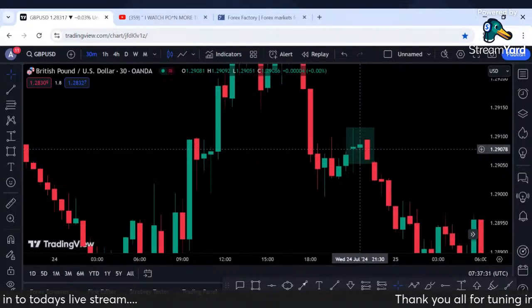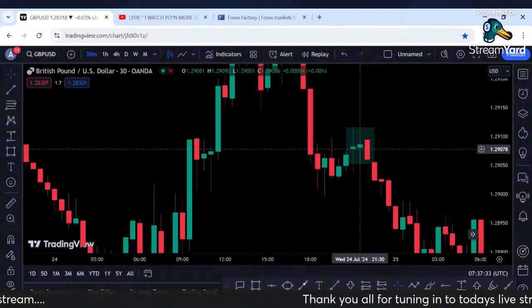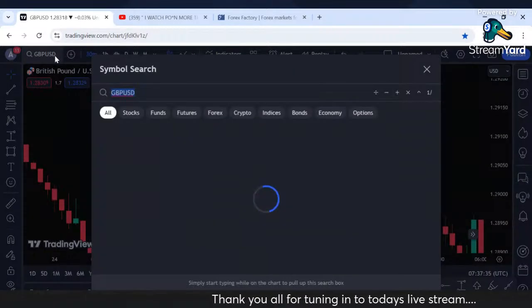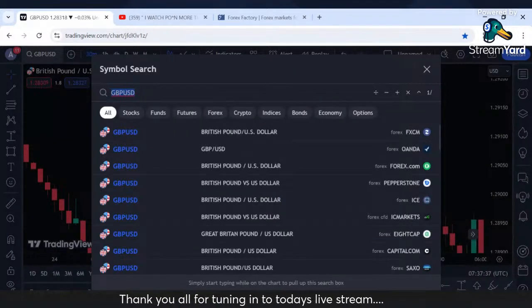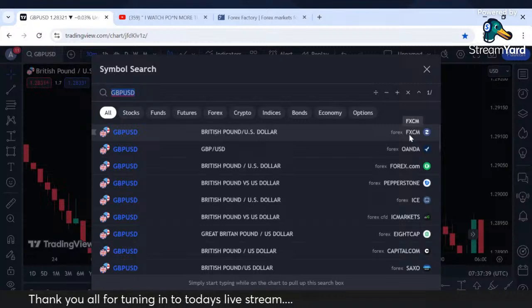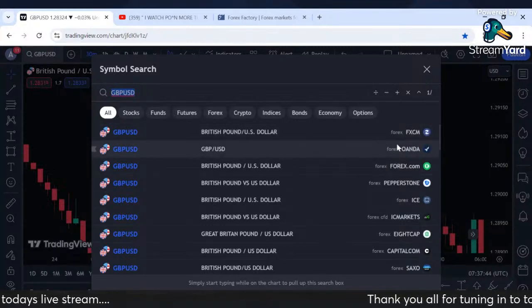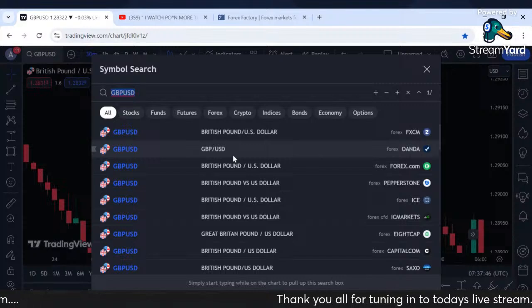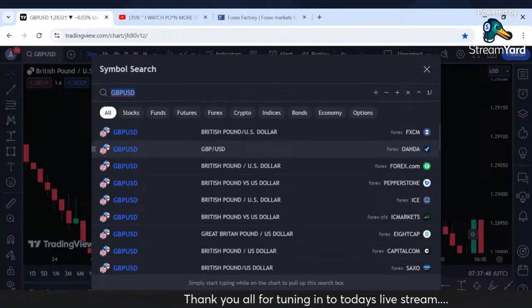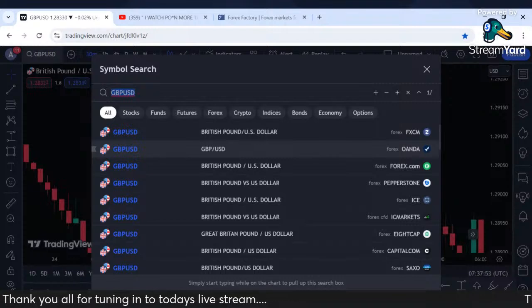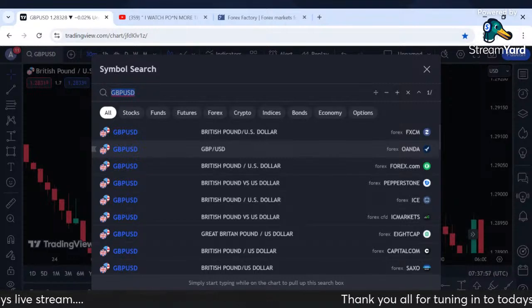Since you are seeing a chart, that means you have selected a broker. When you click on GBP USD, you see brokers. Maybe you are using FXCM or Oanda. I told you to use Oanda, because maybe the chart might be different.